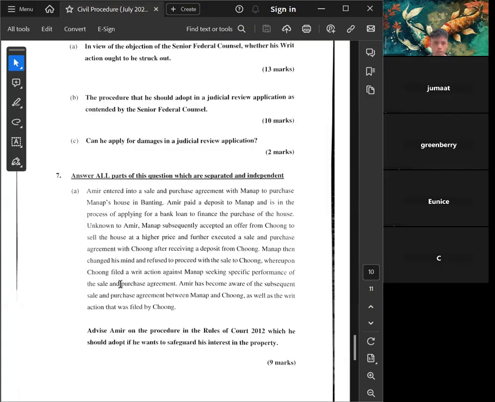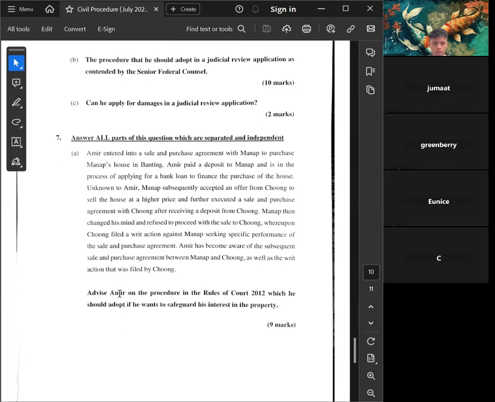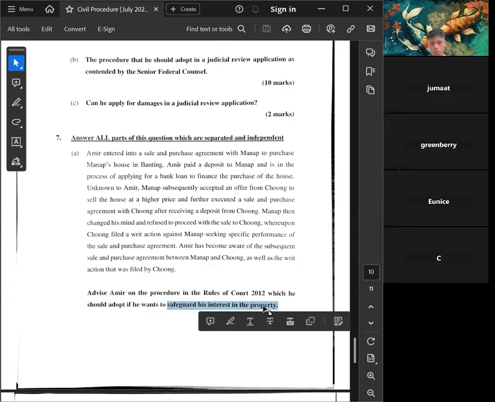Manap then changed his mind and refused to proceed with the sale. Chong filed a writ action against Manap seeking specific performance. Now, Amil has become aware of the subsequent S&P between Manap and Chong, as well as the writ action filed by Chong. Advise Amil on the procedure which he should adopt if he wants to safeguard his interest in the property.